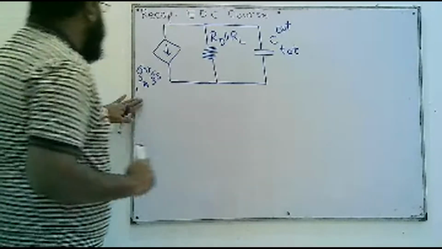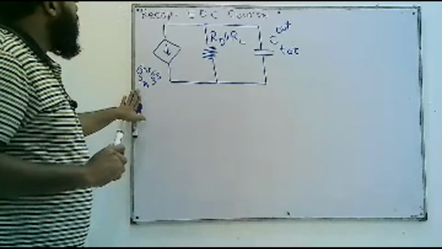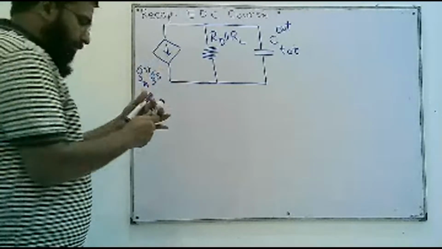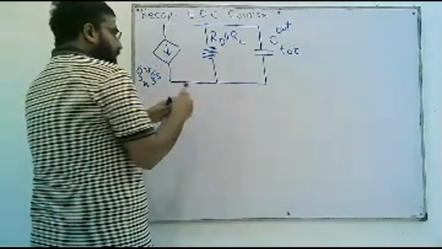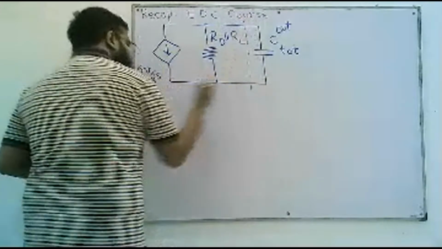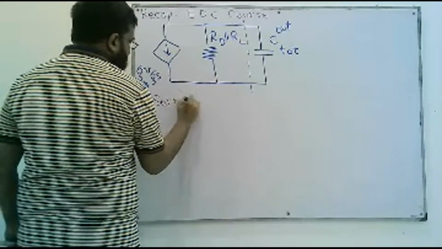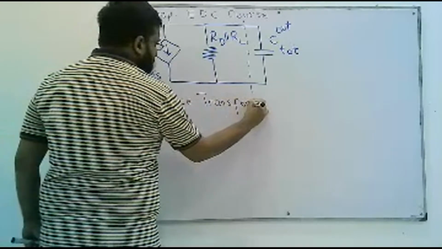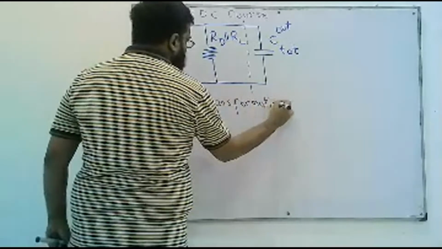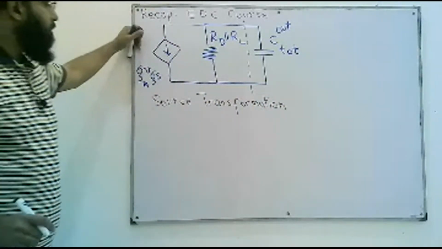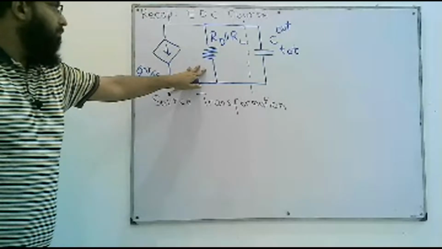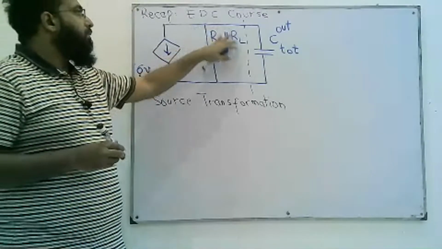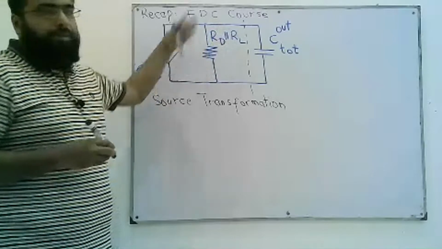What we have to do is apply source transformation here, to convert this current source in parallel with this combination of resistors into a voltage source, with this resistor in series.